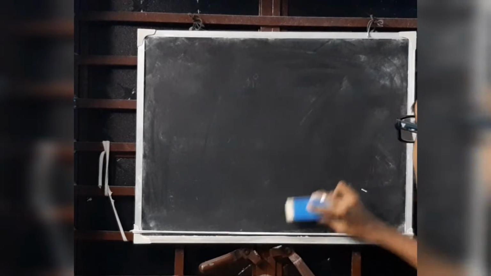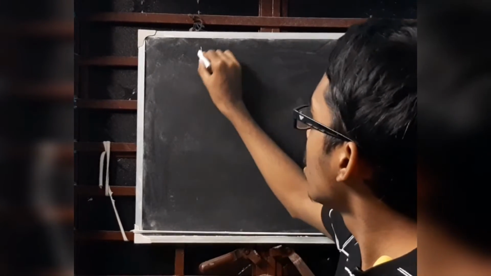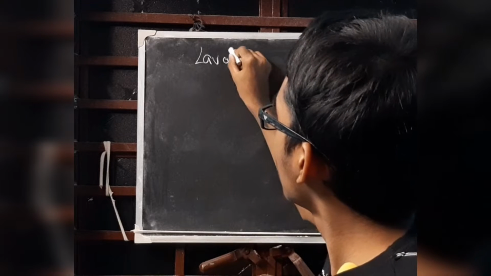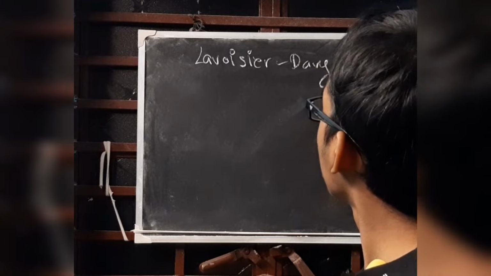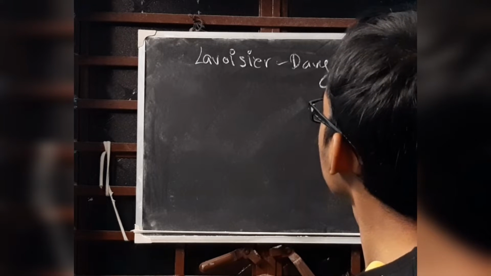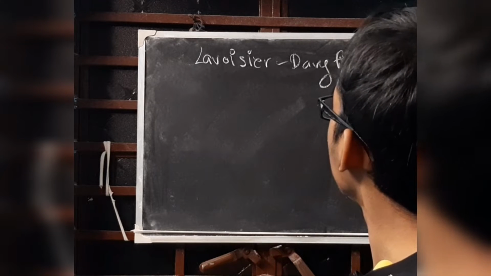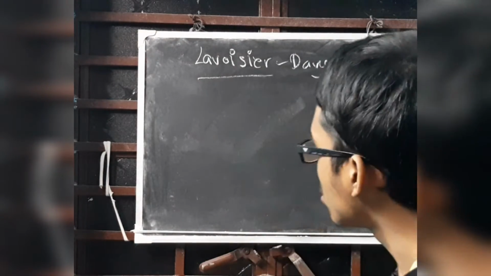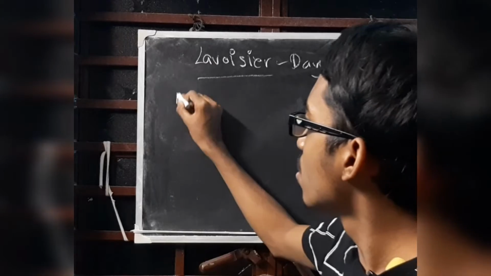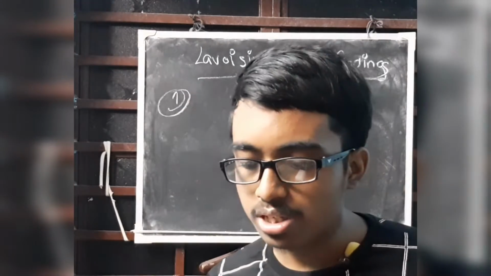Next, let us learn about the first main thing, that is Lavoisier, Davy findings. Don't say it as theory because it was not proved at that time. So it's Lavoisier, Davy findings. What did Lavoisier and Davy say?